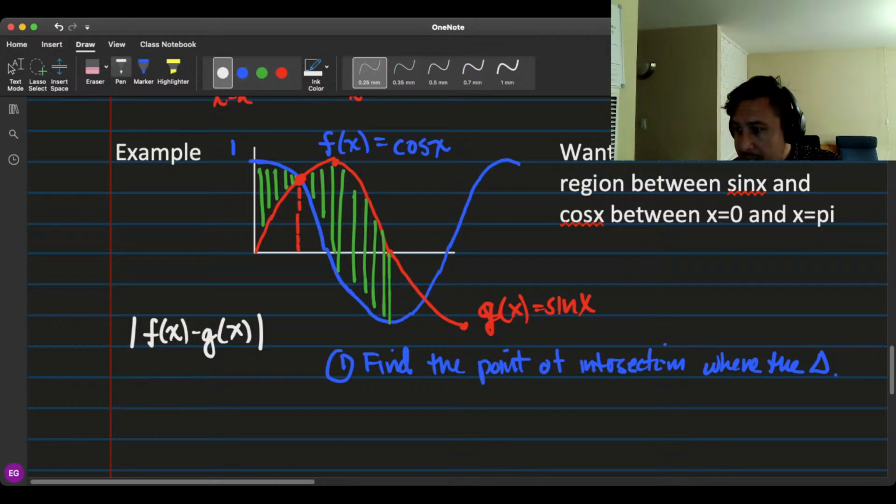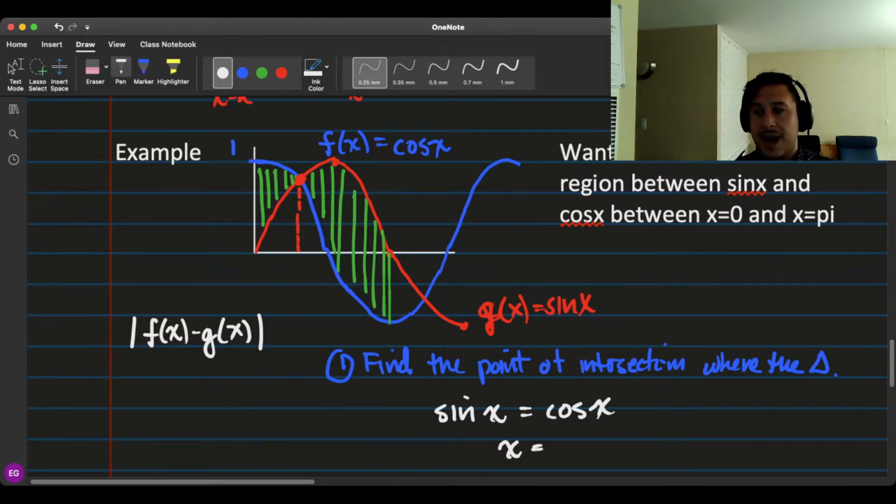That's the same as solving sine of x equals cosine of x. What's that point going to be in the first quadrant where they're equal to each other? When are sine and cosine equal? Do we remember? The actual value is pi over 4.